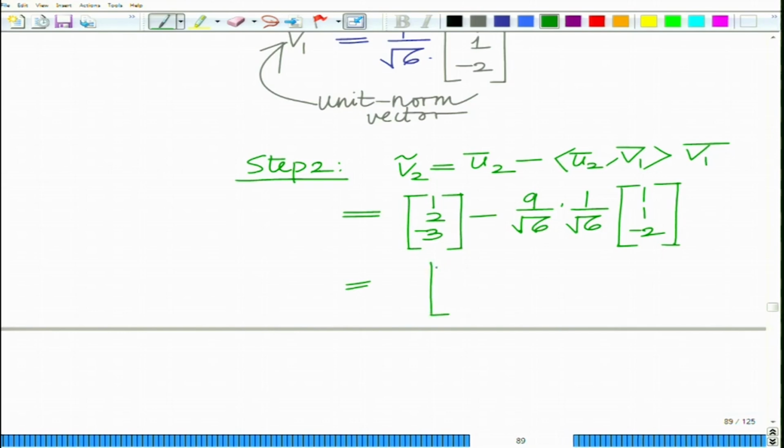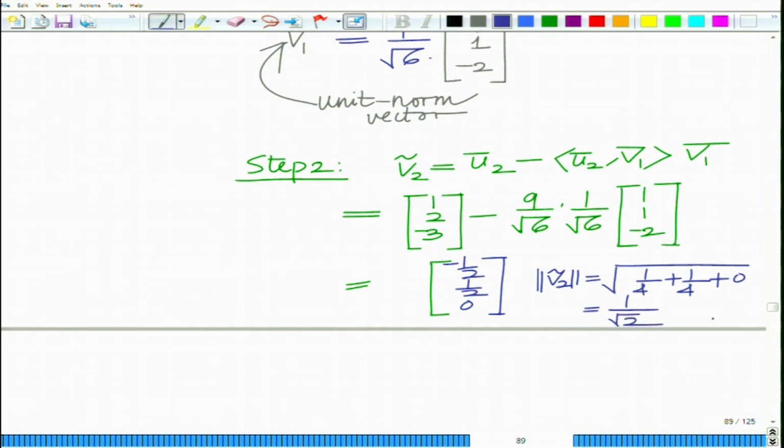So V2 tilde is minus half, half, 0, and the norm of V2 tilde is square root of 1 by 4 plus 1 by 4 plus 0, that is square root of half, that is 1 over root 2.